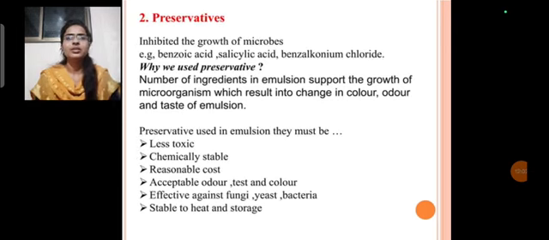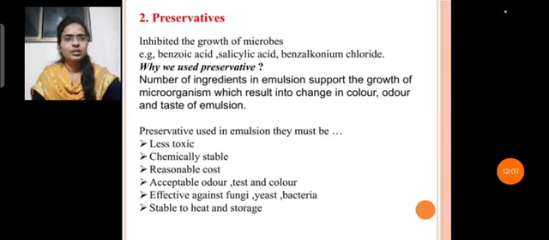Next is the preservative. Preservatives are used to inhibit the growth of microorganisms or to prevent the contamination of emulsion. Examples of preservatives are benzoic acid, salicylic acid, benzalkonium chloride, etc. Then we can see the preservative used in emulsion.